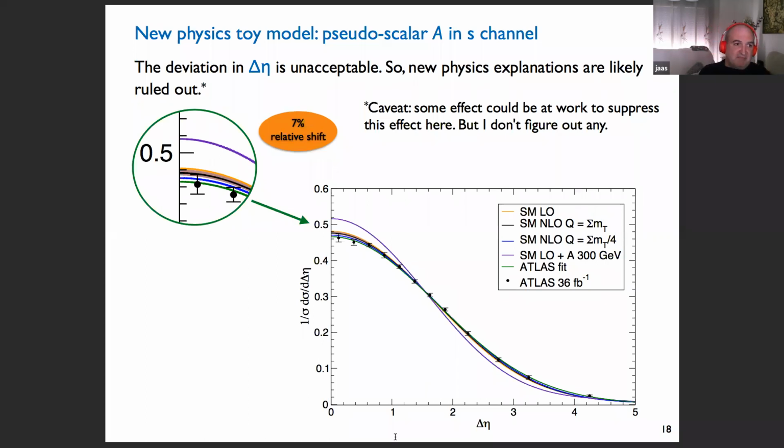Moreover, this is the delta eta distribution, in which you see that here, larger, you have a 7% relative shift near 0. This is completely incompatible with experimental data, so it's finished. There is some caveat, maybe there could be some effect that we don't know working to compensate, but I don't figure out anything. So in principle, this is excluded.